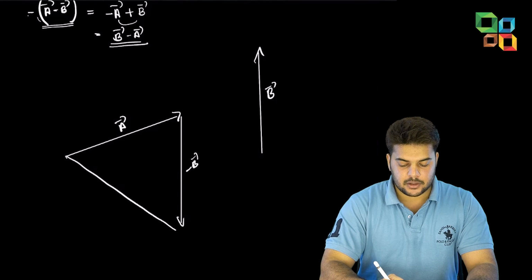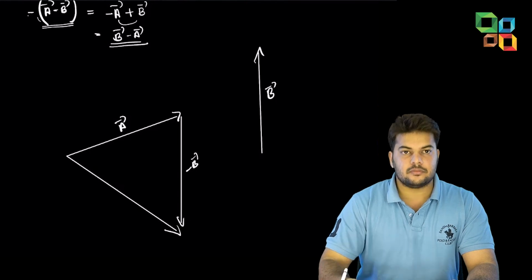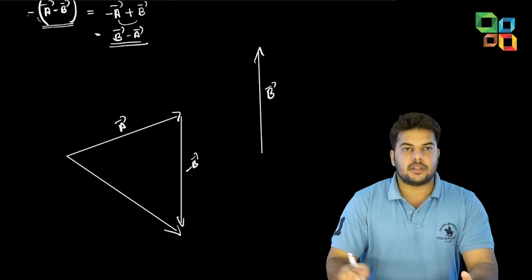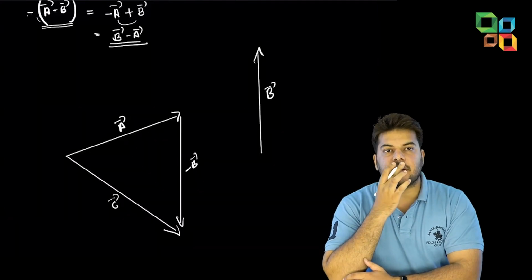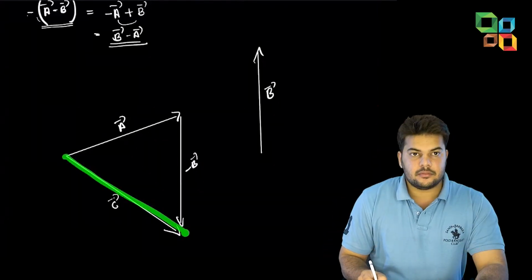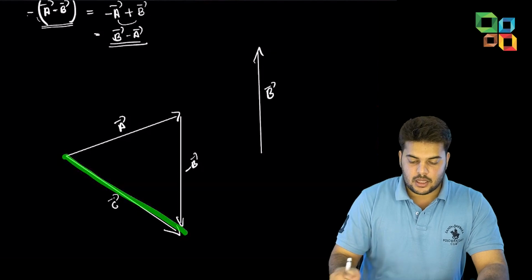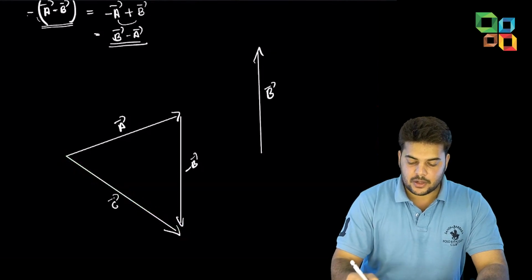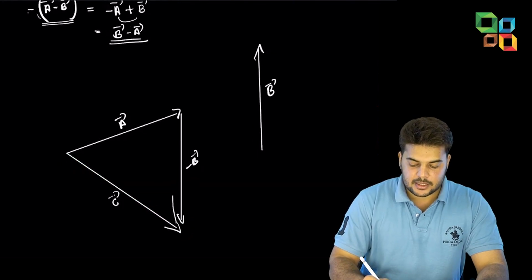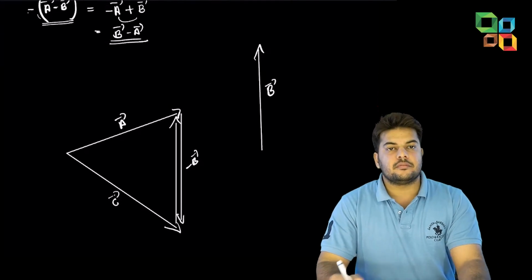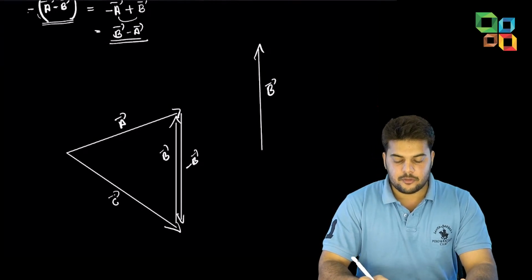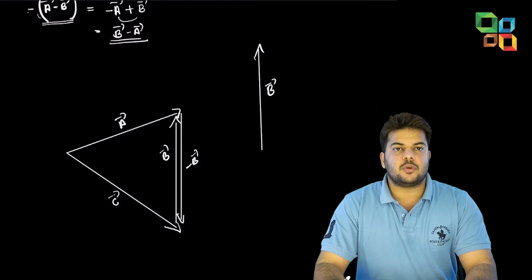So I claim right now, this is just a claim. Okay, let's not claim anything. Let's say this is some C vector. This is C vector. Okay. Now I'm going to draw you B vector. Look at that. B vector would be a vector that starts over there and ends over here, isn't it? Do you agree? This is B vector. It is opposite of negative B vector, correct? That's what we say negative B vector is, right?